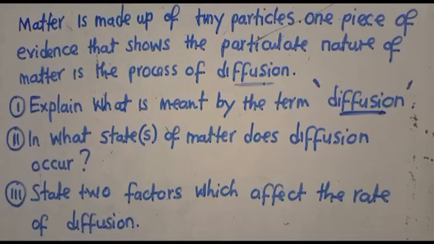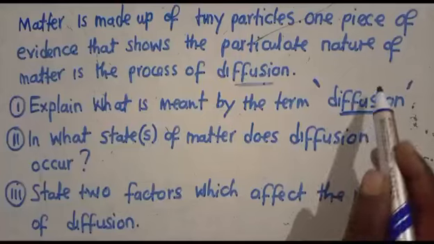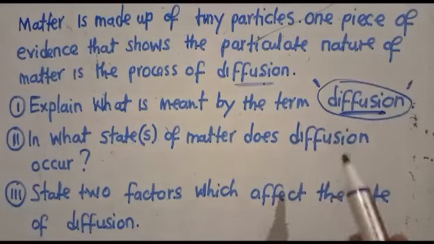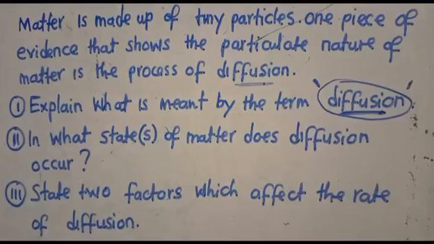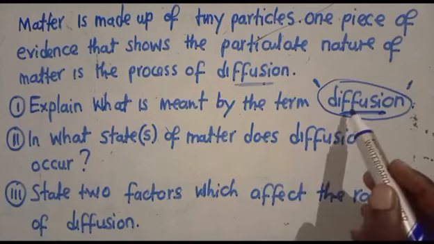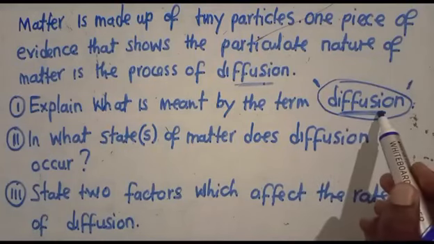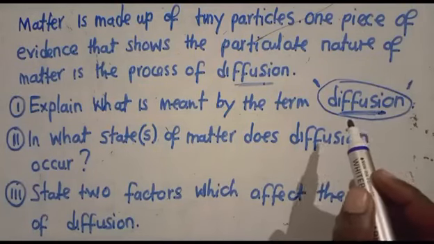There's no space here. So now, diffusion is just the movement of particles from a region of higher concentration to a region of lower concentration down the concentration gradient. So hope you've gotten the definition for diffusion. Diffusion is the movement of what?